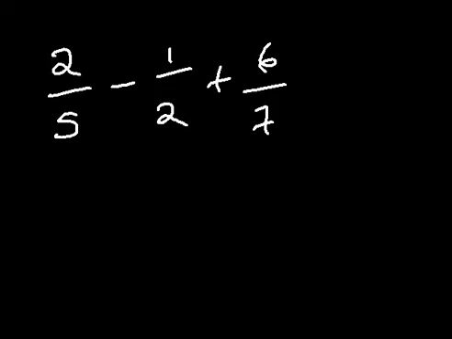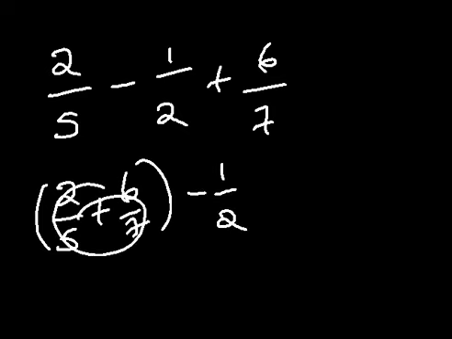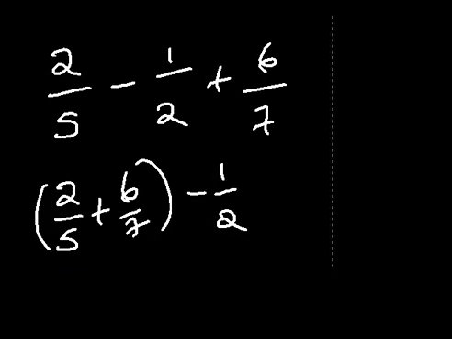First, we start with the addition. So we add 2 over 5 plus 6 over 7. Mind you, we are using the bottomless concept, that is minus 1 over 2. Then I add these two fractions using the butterfly method and subtract 1 over 2 from the result. So that's how you can do it.